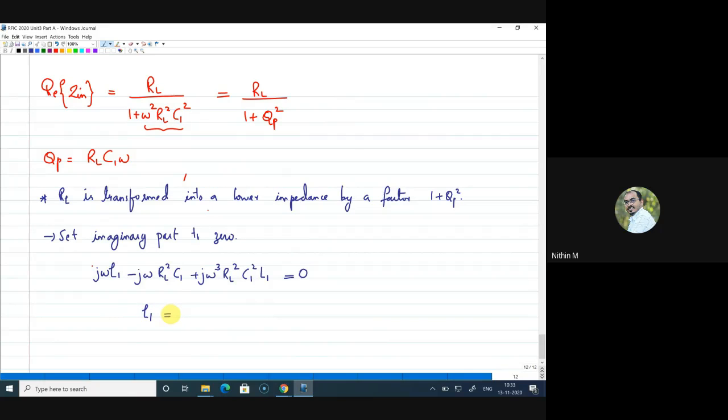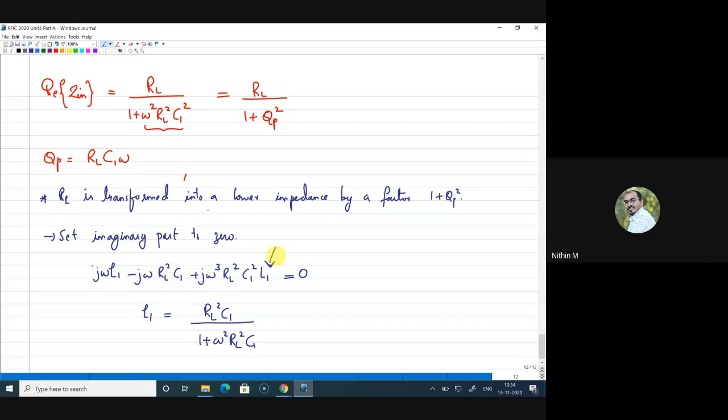So the j omega component I can remove, and then 1 and omega square will be left. So it is equal to RL square C1 divided by 1 plus omega square RL square C1 square. Is it right? I have taken L1 from this part. So L1 is equal to RL square C1 divided by 1 plus omega square RL square C1 square.